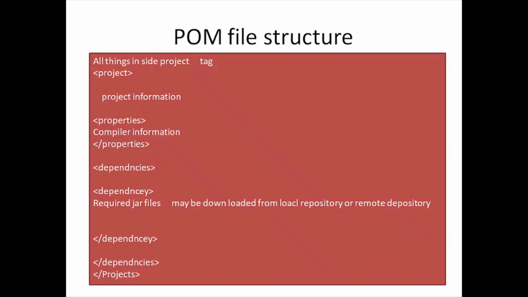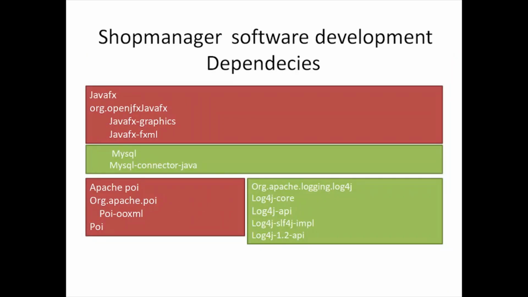After that, this is the dependency which we are discussing here. You just have to give it in the format under the dependencies tag, where there is an individual dependency, and we just have to copy it. This is the Shop Manager software dependency, and I have listed out all the required dependencies for ease of understanding.